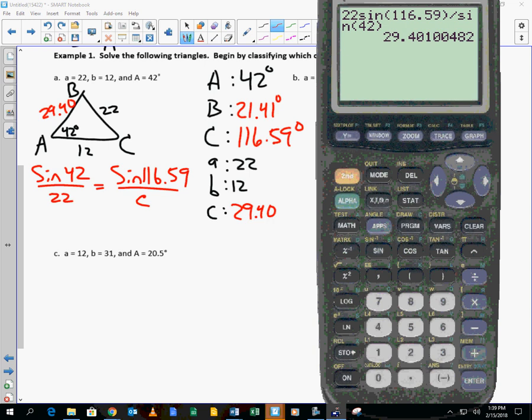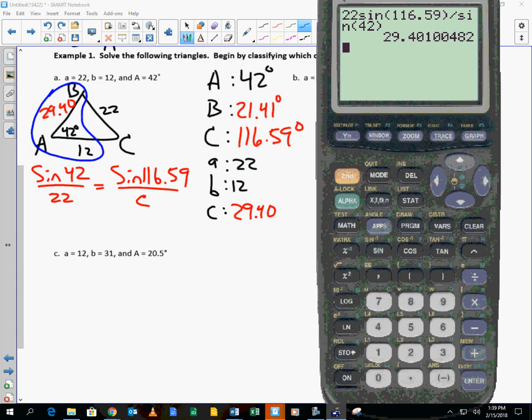Gracie, eyes up here. If I wanted to find the area, I could do 1/2 times what? 1/2 times sine of 42, sine of the angle.